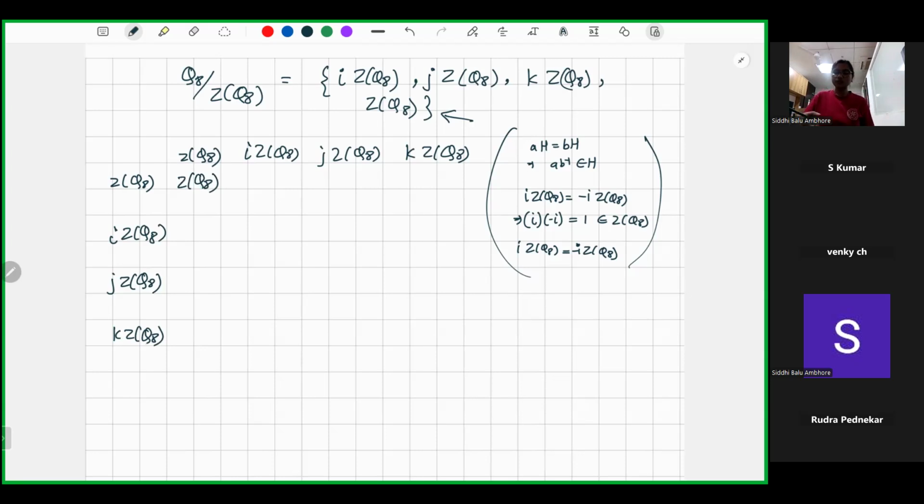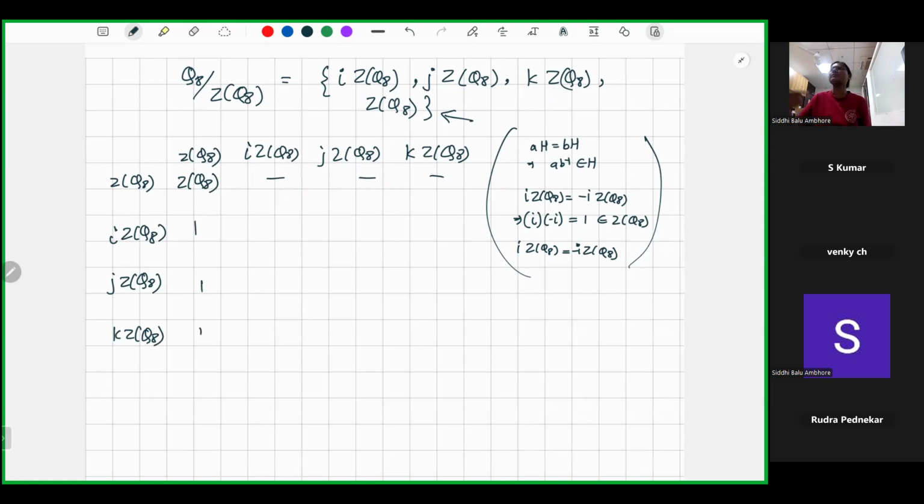Here, I into ZQ8 into I, again these are all identity elements, so this will remain as it is: ZQ8, I ZQ8, J ZQ8, and K ZQ8. These are as it is.